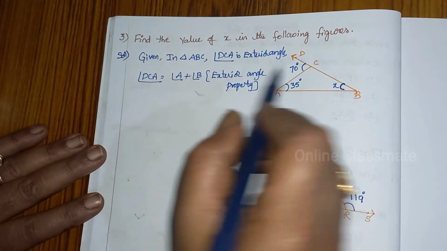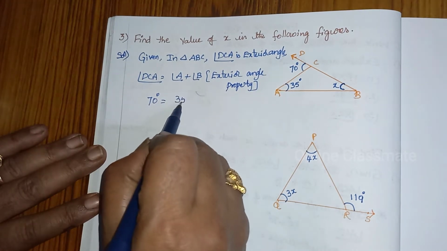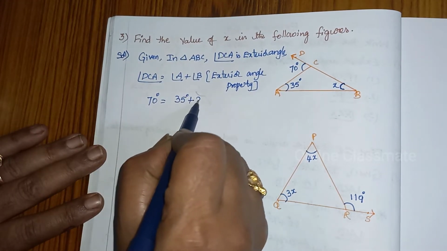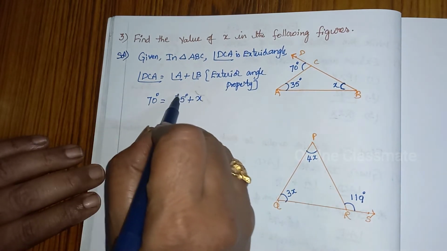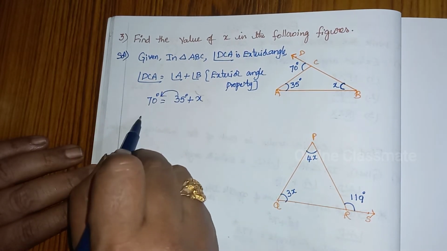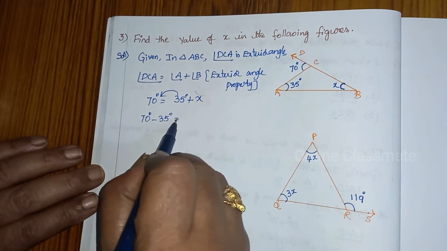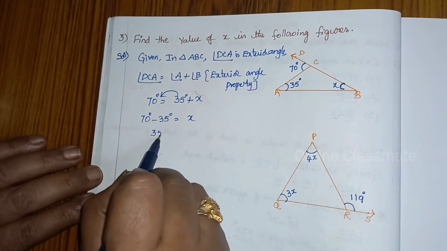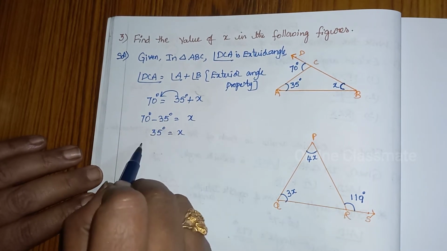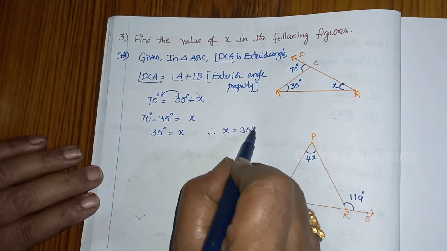What is DCA? 70 degrees is equal to A, 35 degrees, plus B, x. We want the x value. Then transpose 35 to this side: 70 degrees minus 35 degrees is equal to x. Therefore, x is equal to 35 degrees.